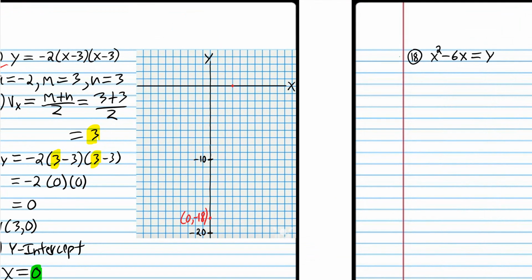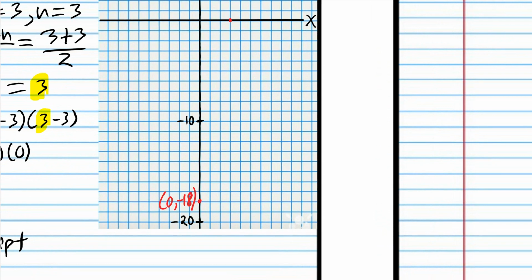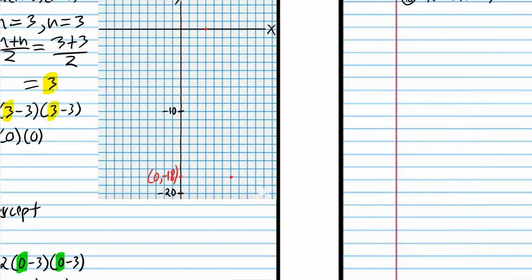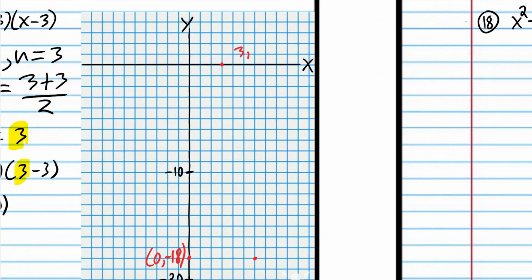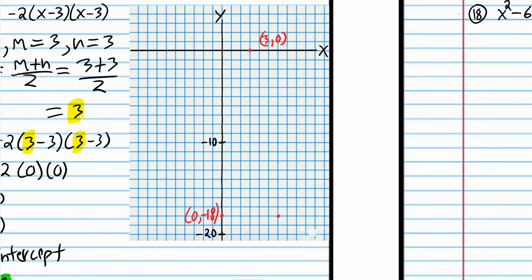And then it looks like we're going to have to use symmetry to find another point. Looks like that's going to be about here. That'll just give us a guide. And this point, the vertex, is 3, 0. And then we can just connect the dots.